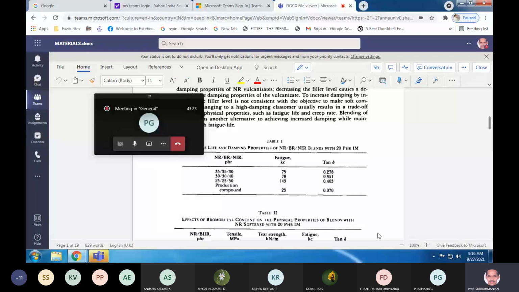That is in terms of the tangent delta. So tangent delta, what does it suggest to you? It describes the balance between deformability, and deformability is viscous.